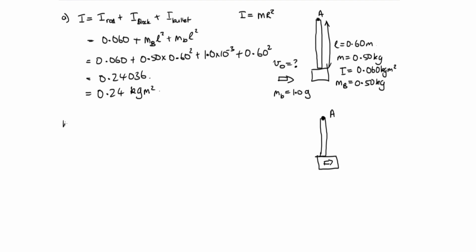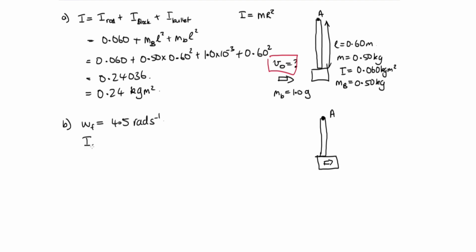Now in part B, we're asked to find the speed of the bullet. So this is what we're trying to find. And we're told that the final angular speed of the entire system is given by 4.5 radians per second. So in order to do this, we're going to make use of our law of conservation of angular momentum.